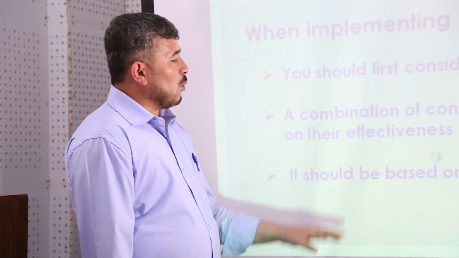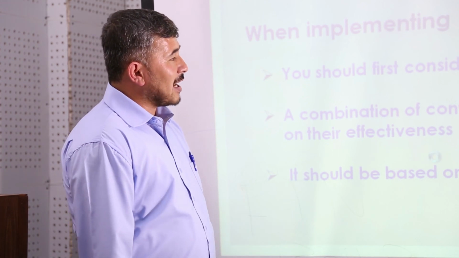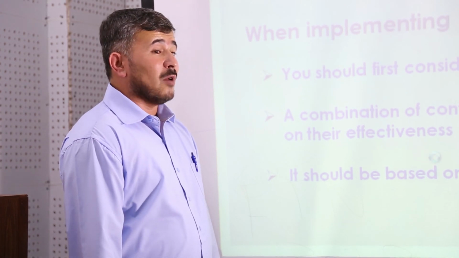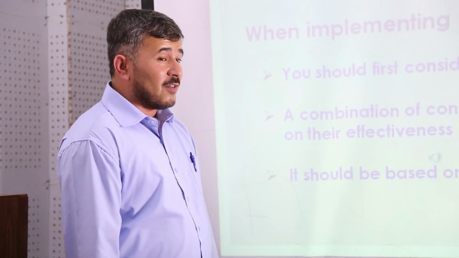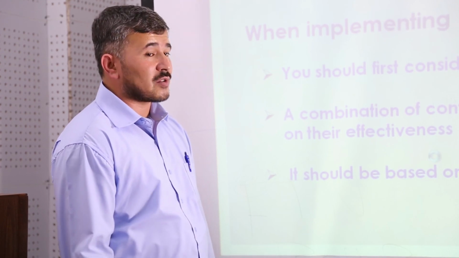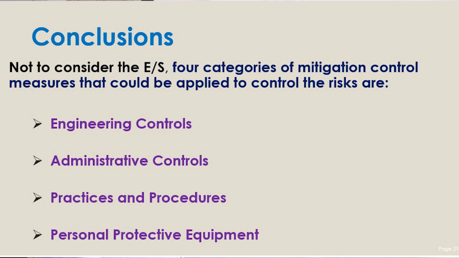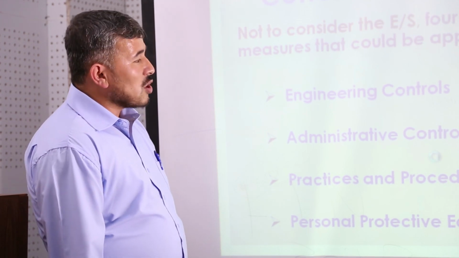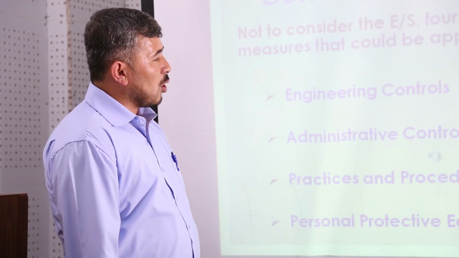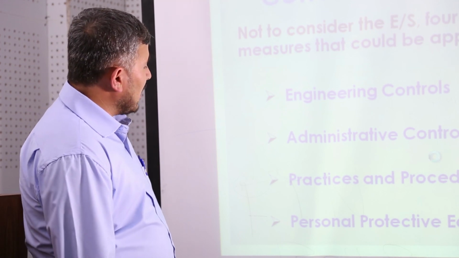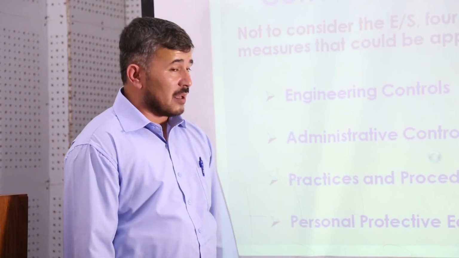If we do the mitigation control based on risk assessment, the mitigation will work effectively and at much less cost. Since most of the time we cannot use elimination or substitution strategy, the most important one could be engineering control first of all, then administrative control, practice and procedure, and the last is PPE.